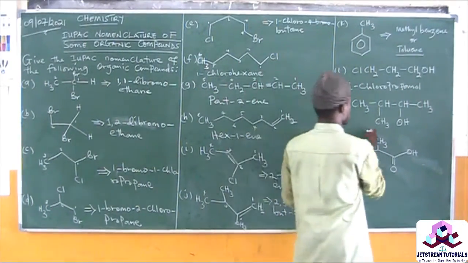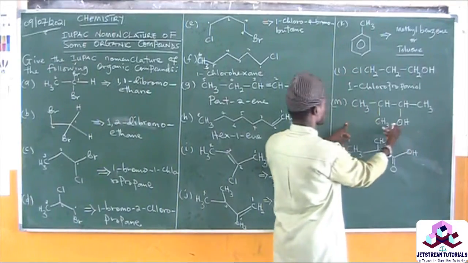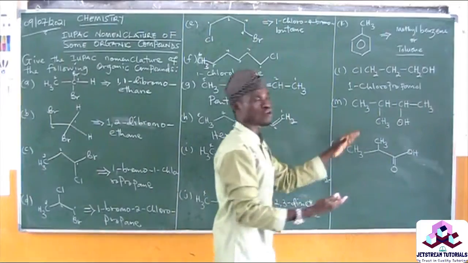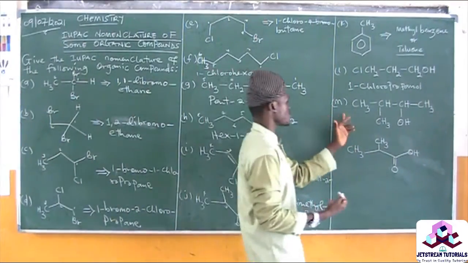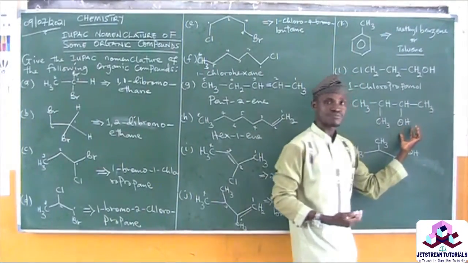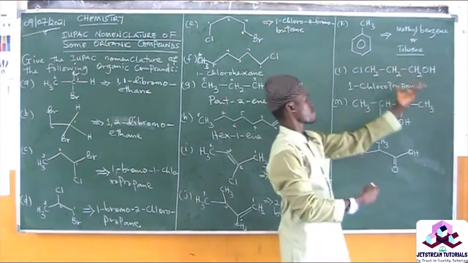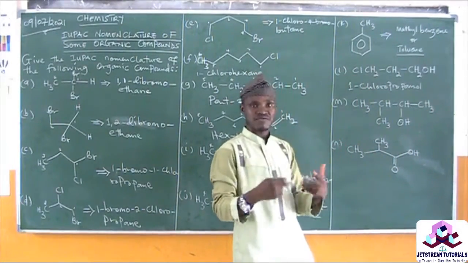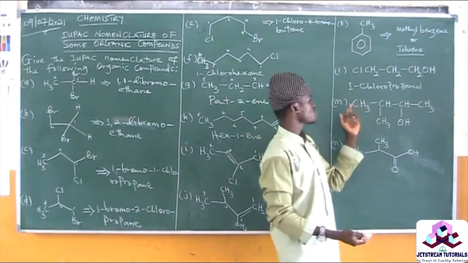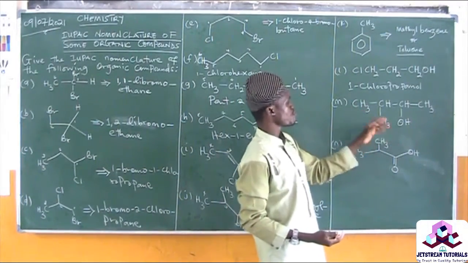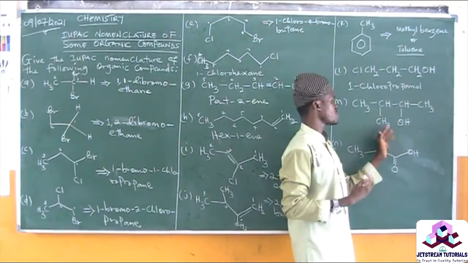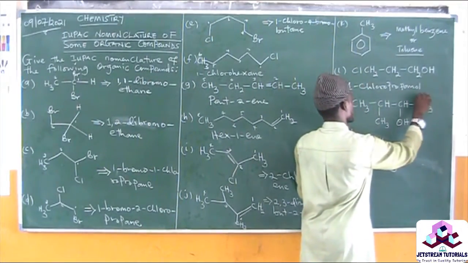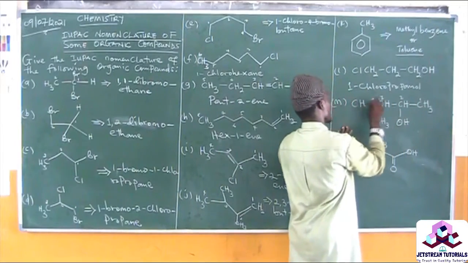Then this very one is also an alcohol. So our numbering is going to start from this side. Provided you do not have an atom that is more electronegative than the OH group, numbering should start from where the OH group is, so that the OH group can have the lowest possible number. But since we don't have that, the methyl group is less electronegative, so preference will be given to this side. So our numbering will start from here. So this is 1, 2, 3, 4.